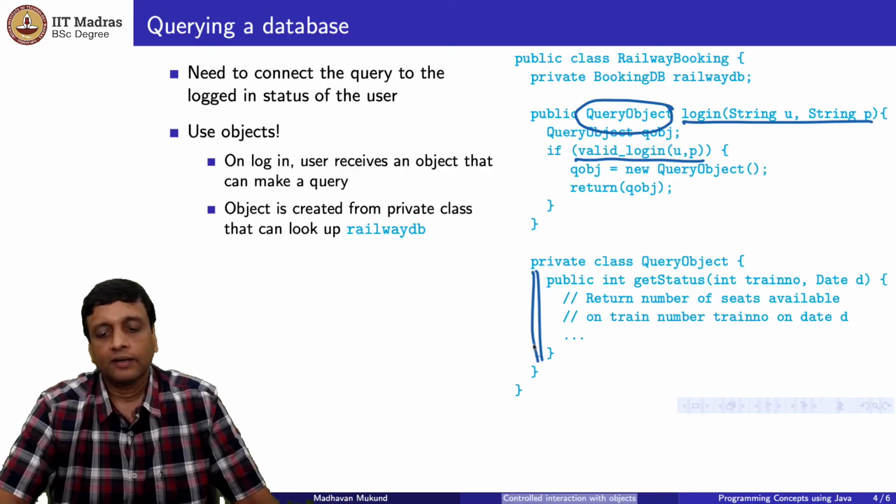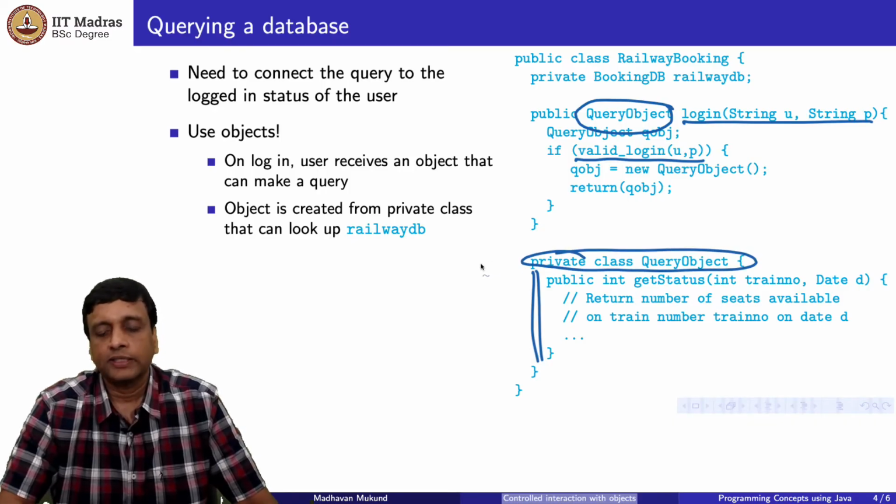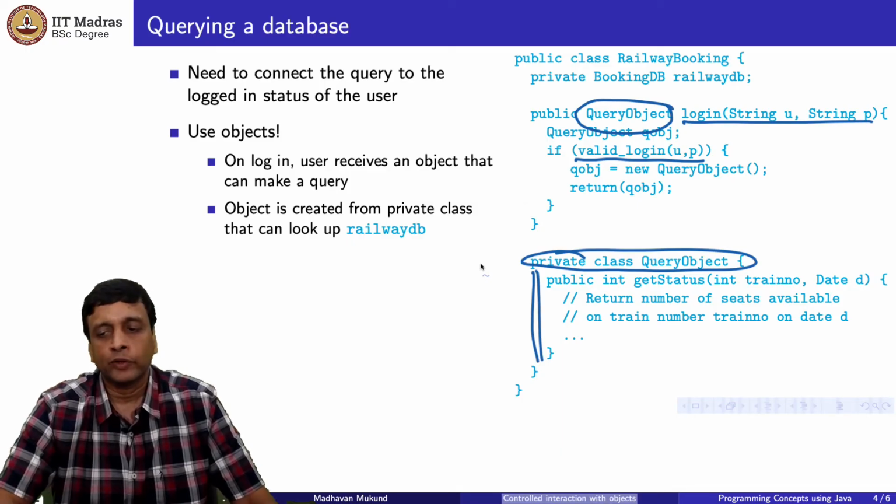Now the point about query object is that it's a private class. So the user does not really have access to this query object directly. The outside user cannot create query objects because the query object is a private class defined inside railway booking. So railway booking can create objects of this class.